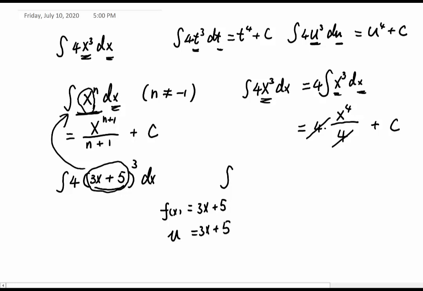If we define this, the problem becomes 4u to the third dx. Is this the same as what we had before? It's not, because before we were with respect to u, and what we have right now is x. So we cannot use the basic rule again.